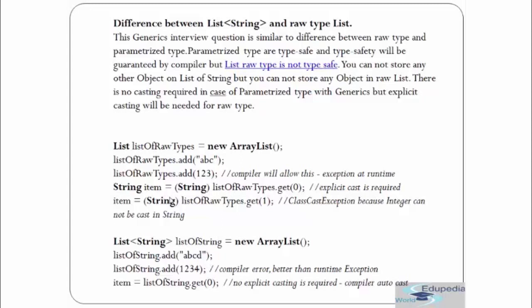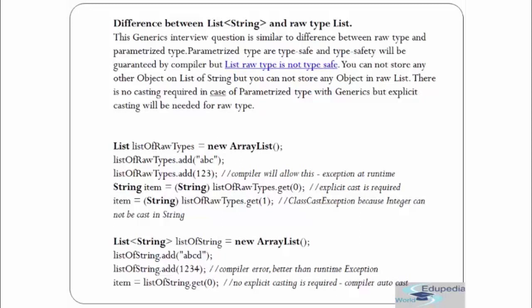So when we talk about a list of String type, that means it can only store String, nothing else. You cannot store any other object in a list of String. There is no casting required in the case of a parameterized type with generics, but explicit casting will be needed for a raw type.